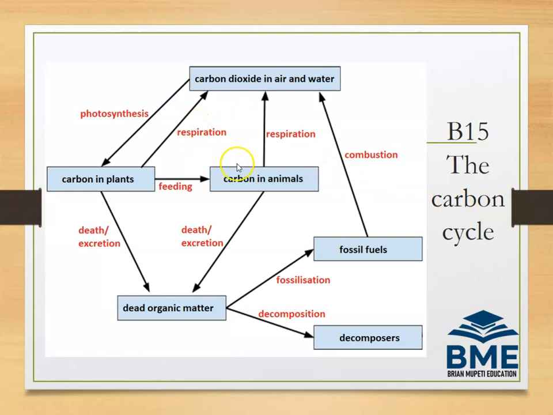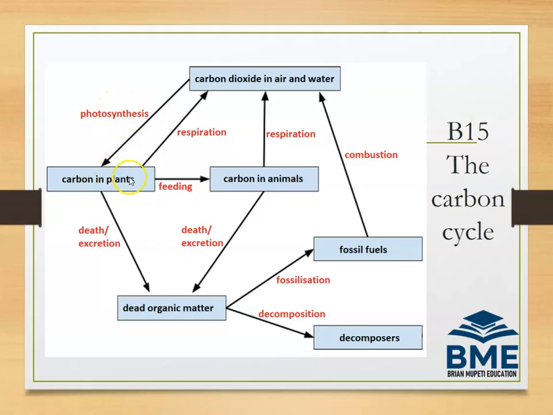The carbon cycle is the process by which carbon is exchanged between the atmosphere, oceans, land, and living things. It's a vital process that supports life on Earth. This diagram here represents the carbon cycle. So carbon dioxide in air and water can move into carbon in plants through photosynthesis.